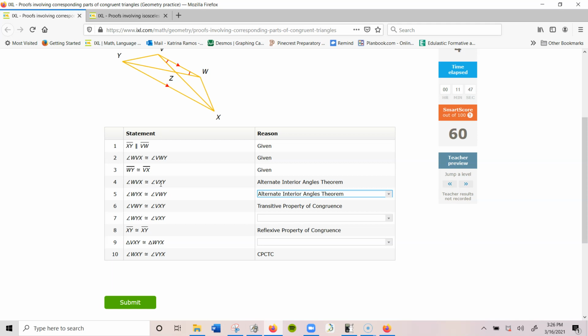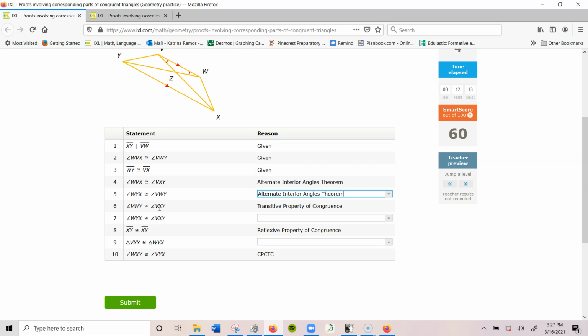WYX is congruent to VWY. So VWY is congruent to VXY. So these two here would be then congruent since they're both equal to the same angle. So now angle WYX is congruent to VXY.